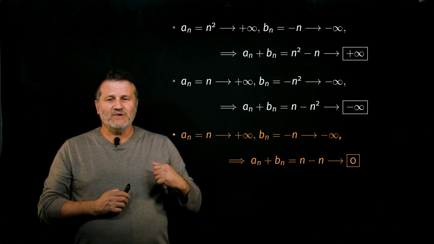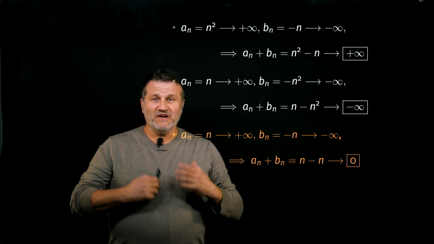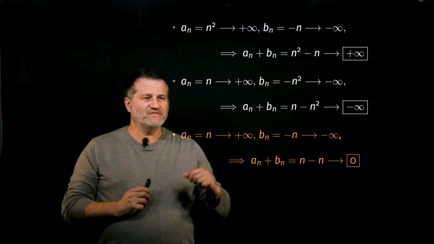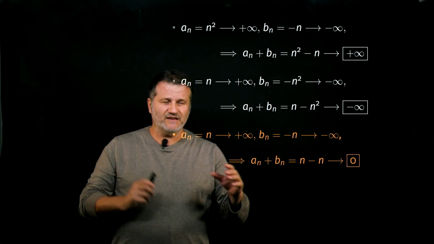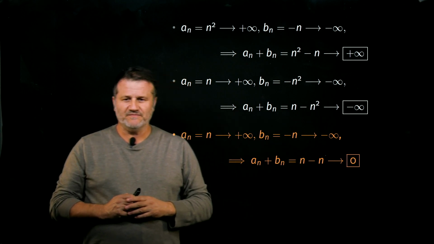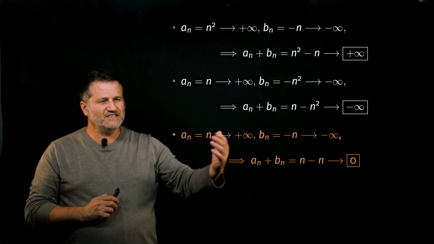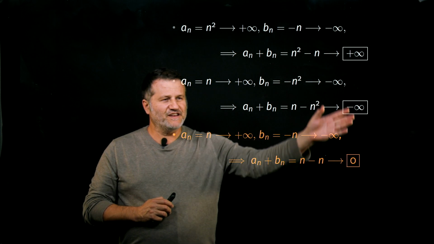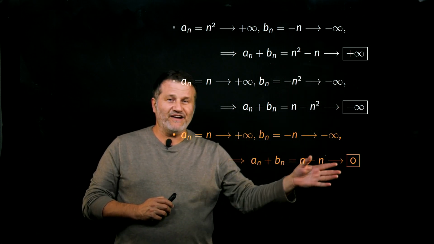Now, if we take a_n equal n and b_n equal minus n, we have again plus infinity minus infinity, but the sum is constantly equal to 0, so it goes to 0. So here you can see that the limit can be infinity, plus or minus, or finite.